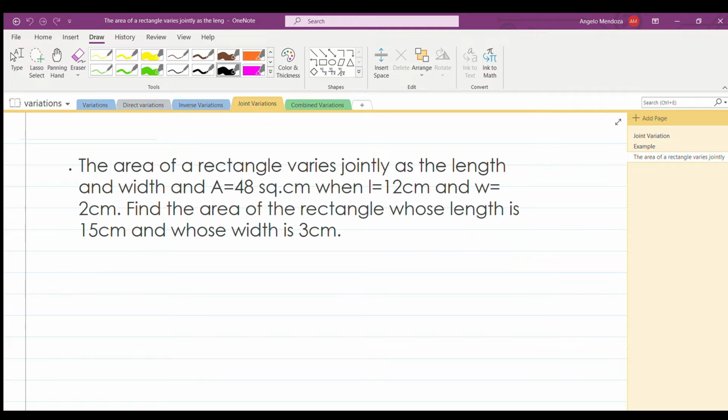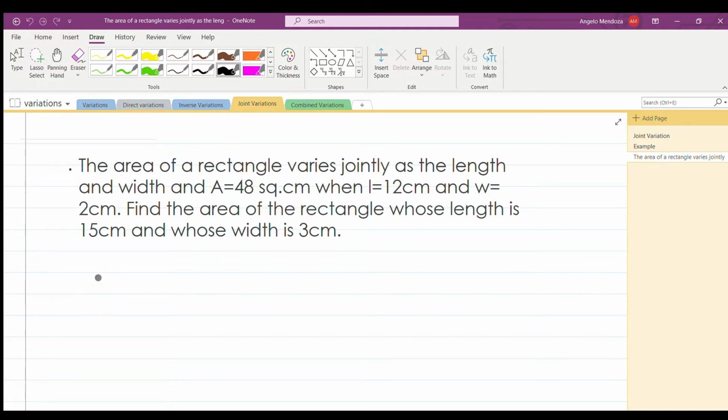The area of a rectangle varies jointly as the length and width, and A is equal to 48 square centimeters when L is equal to 12 centimeters and W equals 2 centimeters. Find the area of the rectangle whose length is 15 centimeters and whose width is 3 centimeters.